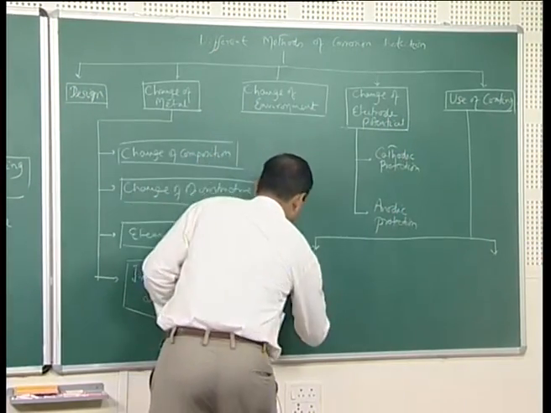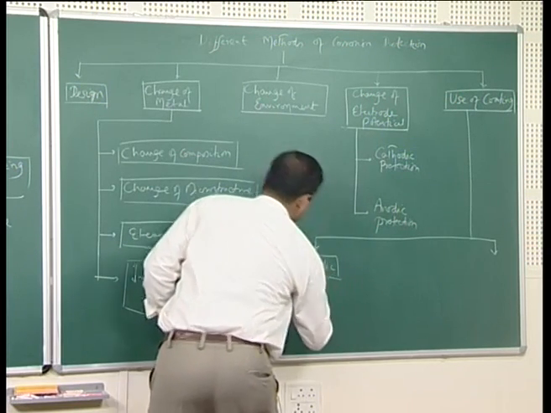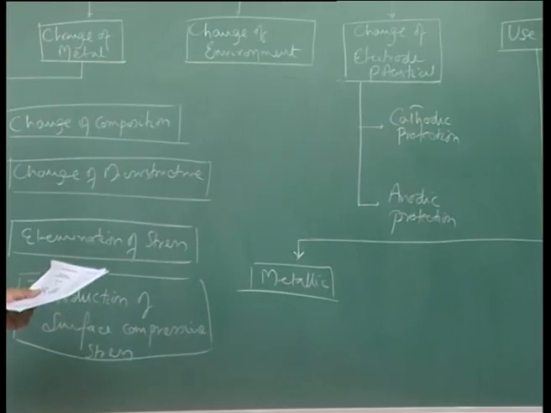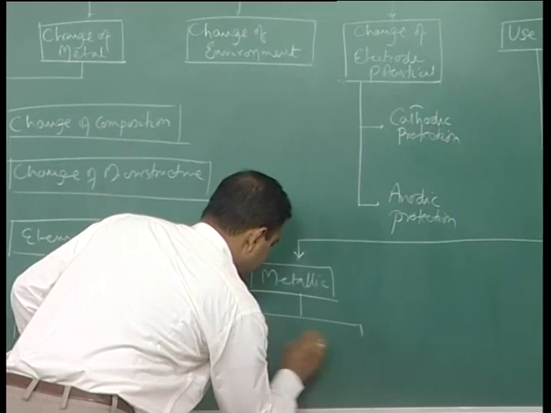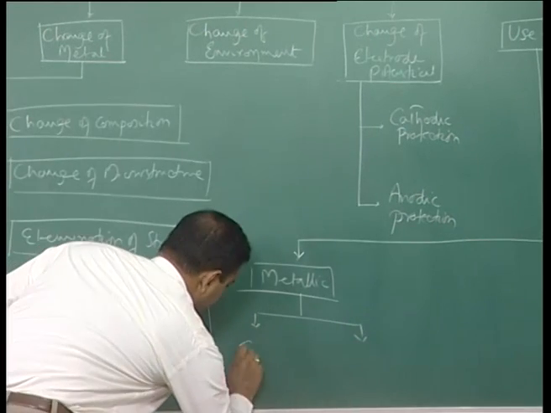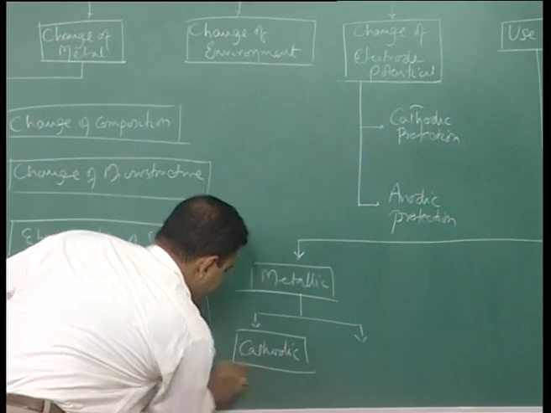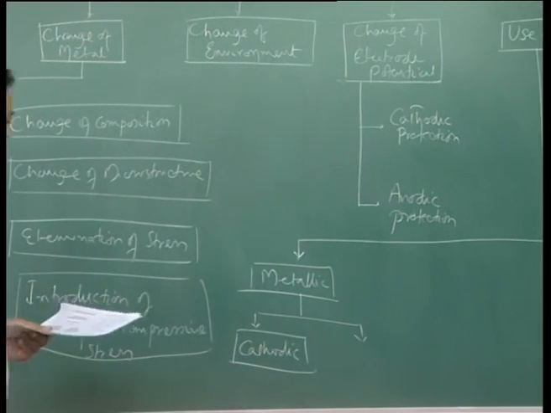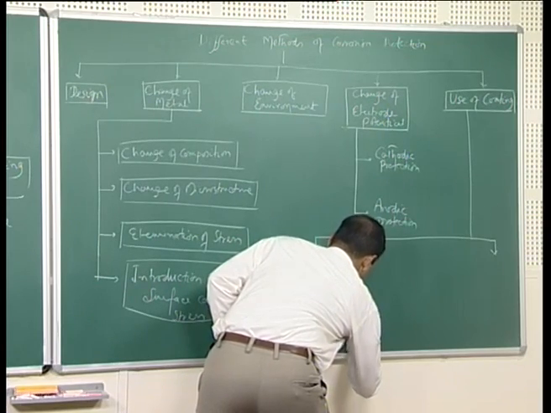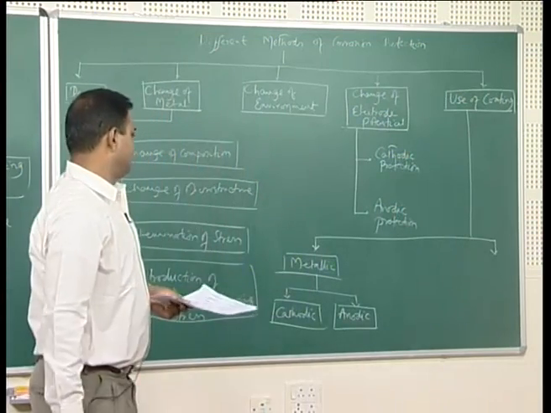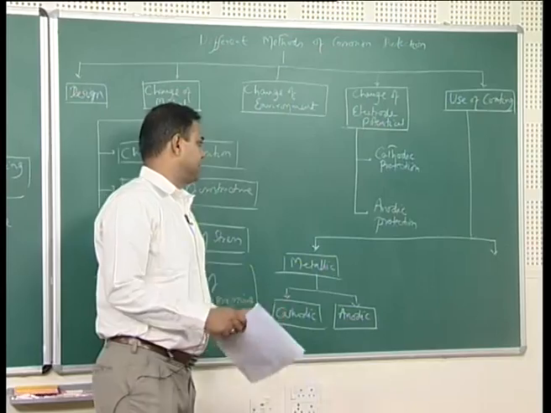One is metallic coating, which can also have two subcategories. One is cathodic coating and another one is anodic coating. So, in one case it will act as cathodic coating and in another case it will act as anodic coating.